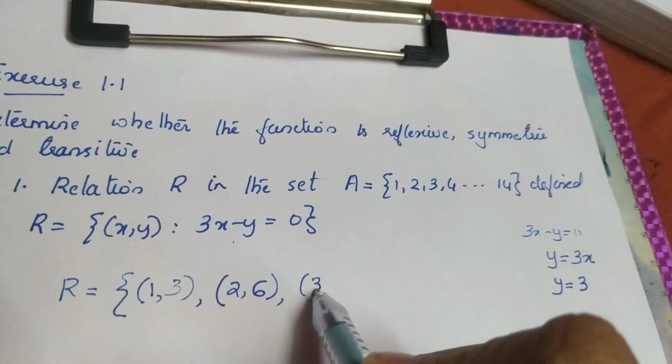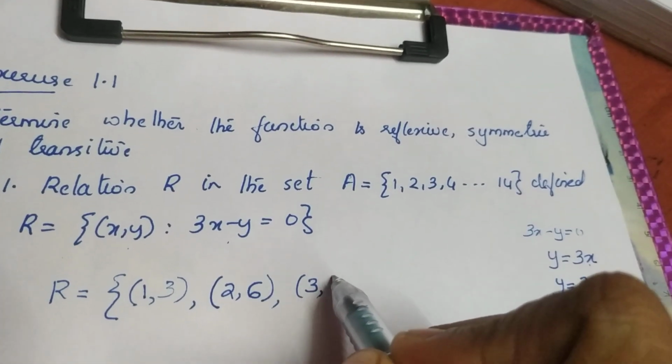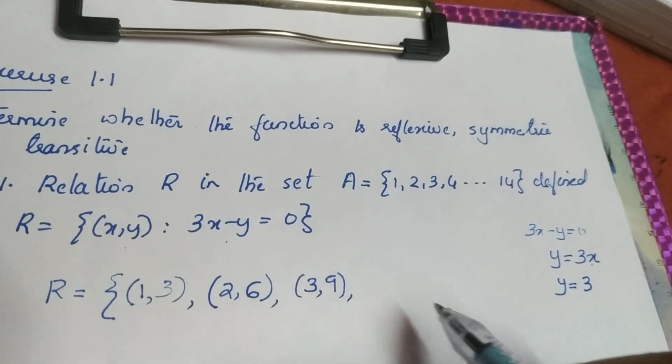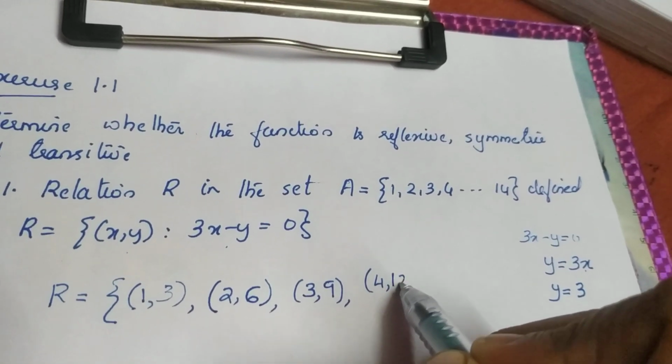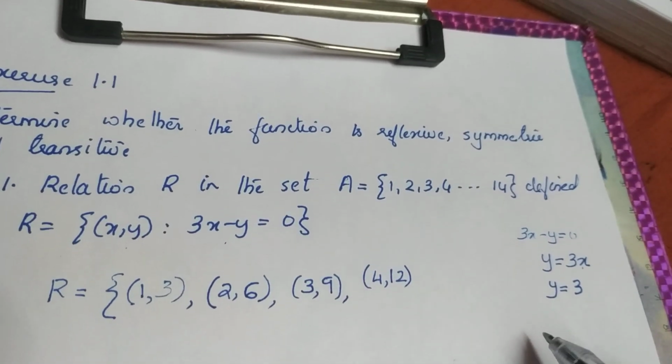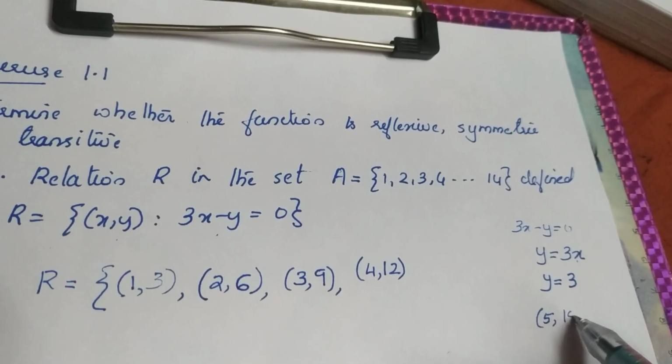We can take the next element. It is 3. When x takes the value 3, y will be 9. When x takes the value 4, y will be 3 into 4, 12. And when x takes the value 5, the pair would be (5, 15).